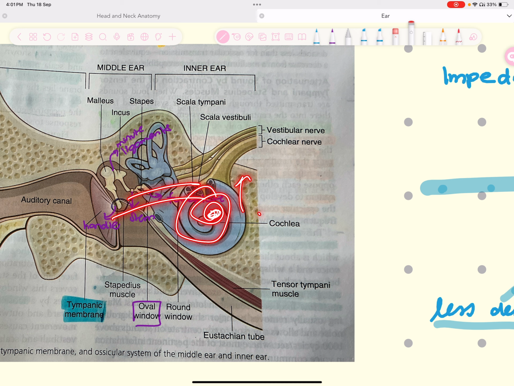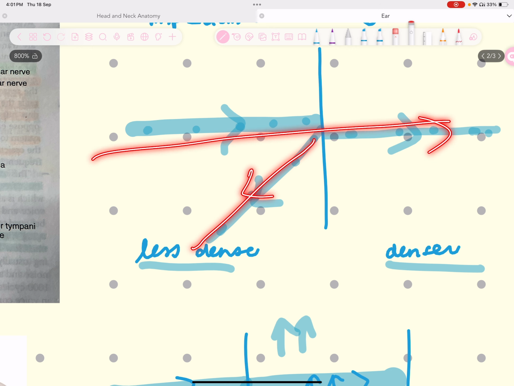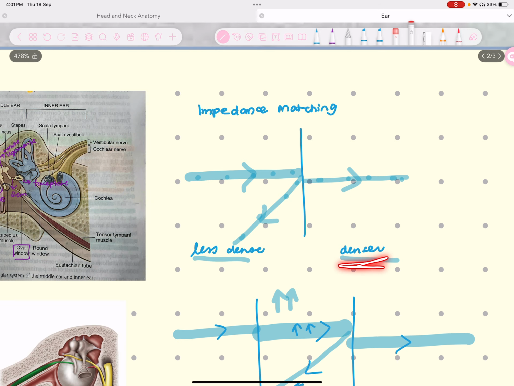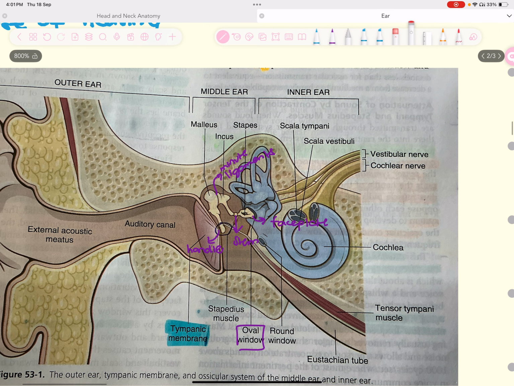So more force is required to cause the vibration. And the second reason was because of this loss. There was also some loss when you're traveling from a less dense medium to a denser medium. So this was an impedance mismatch, right? So you need this change in the force. So the first thing is done: the area decreases and the force increases by 22 times.